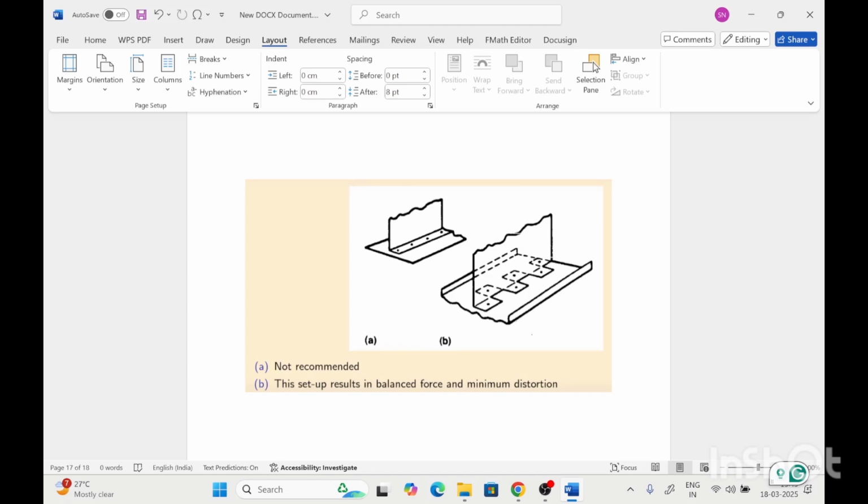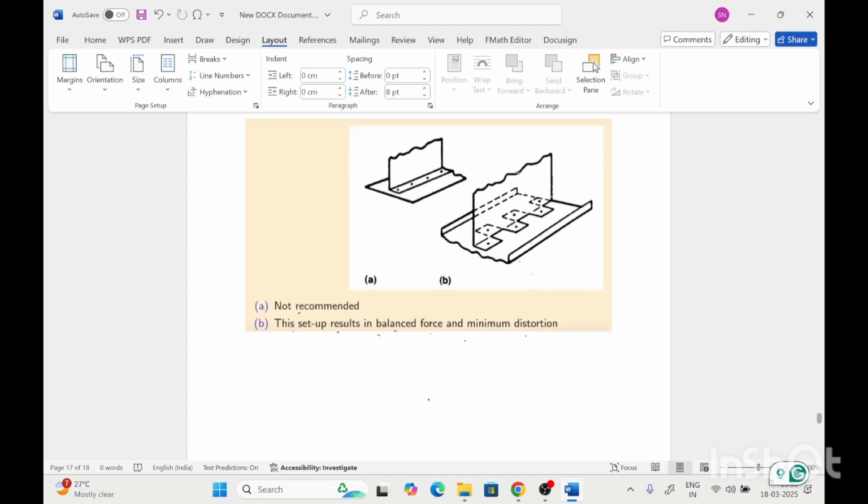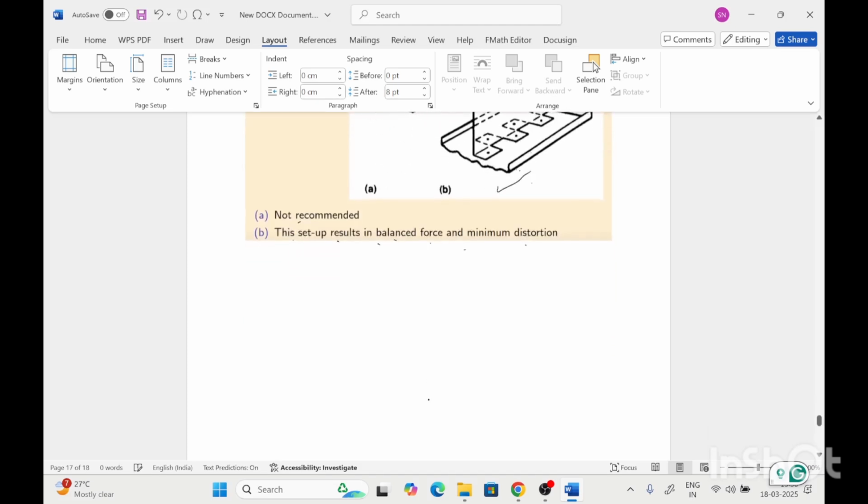So the second case will provide the maximum strength of the joint. So A is not recommended. And the second welding geometry results in balanced force and minimum distortion to the welding plates, so this geometry is generally preferred.